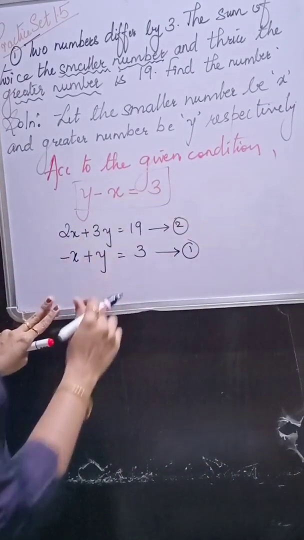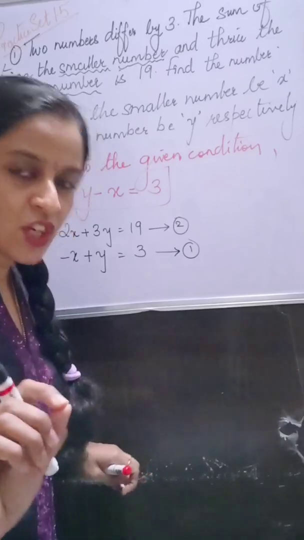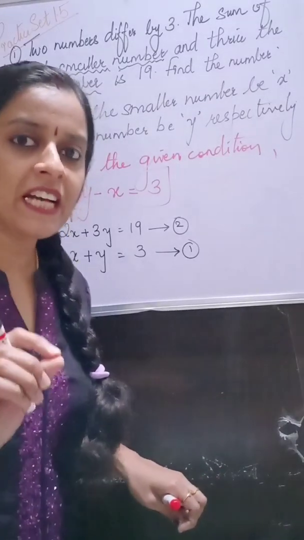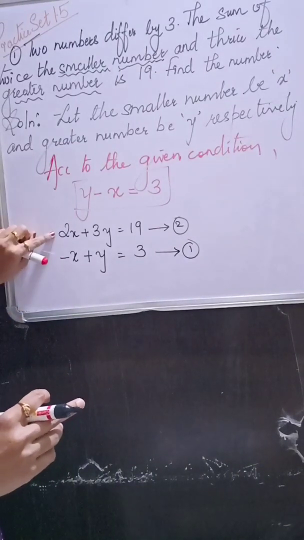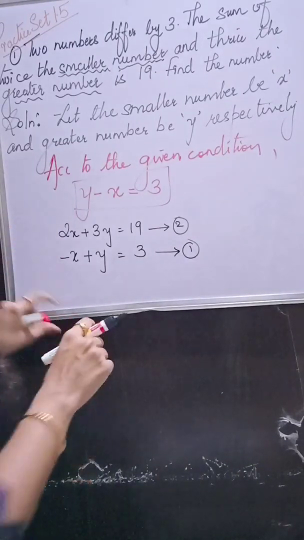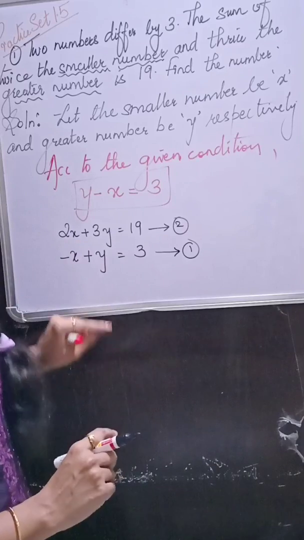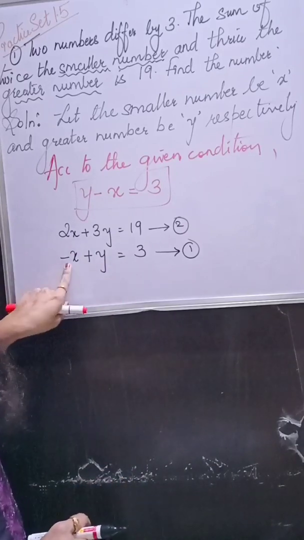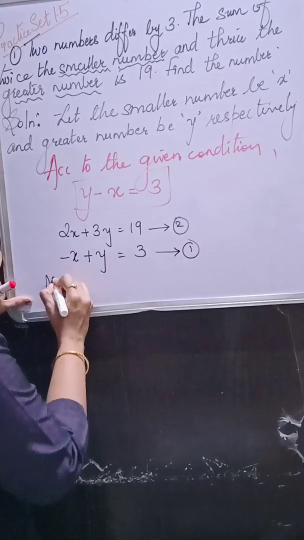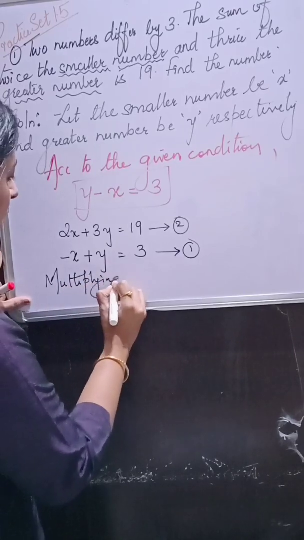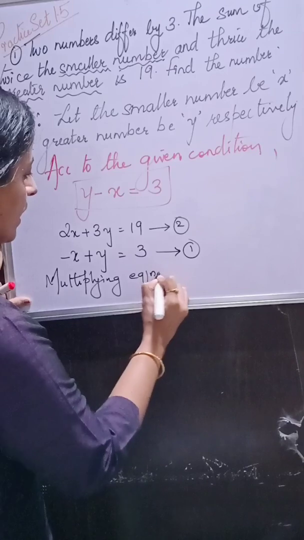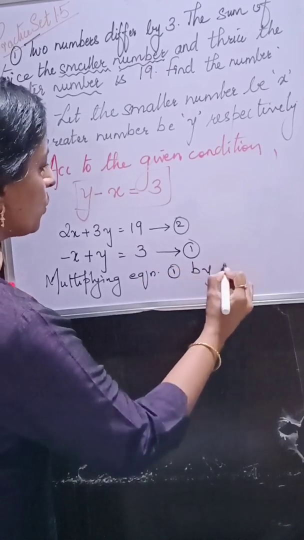How to solve? We are always looking for elimination method. If we see opposite signs, one is plus and the other is minus, but the coefficients are different. So we will try to bring a 2 here. So we will write multiplying equation 1 by 2.